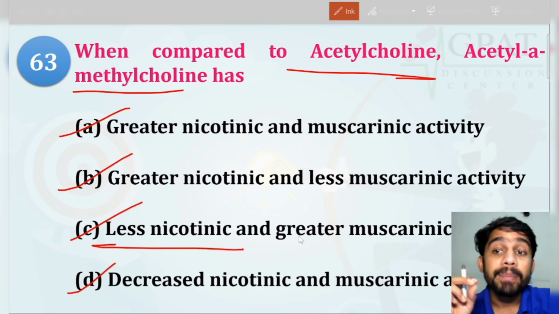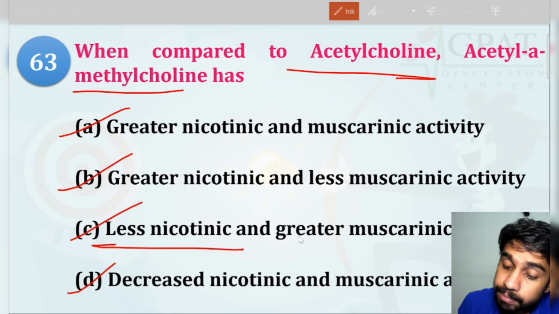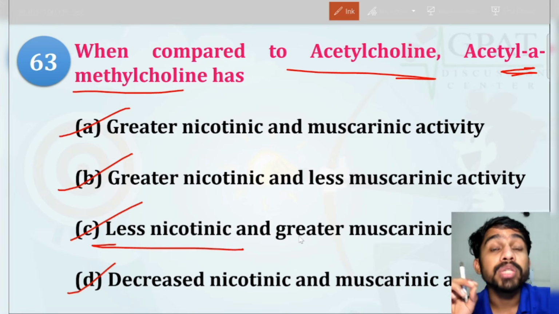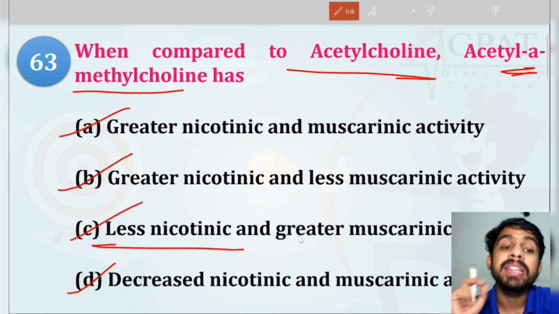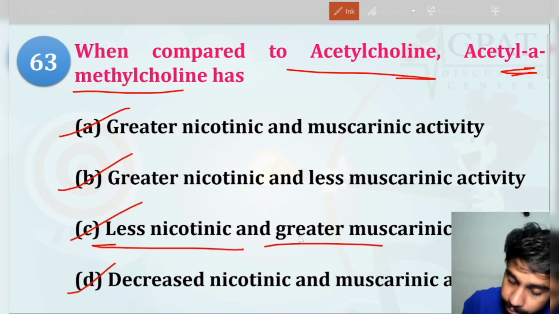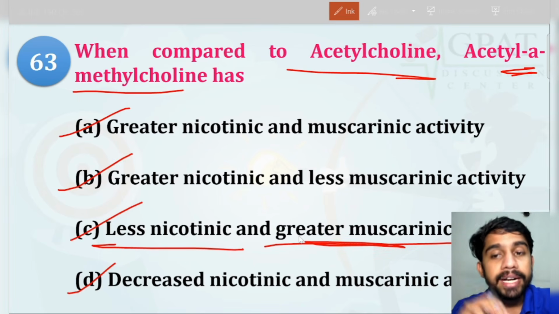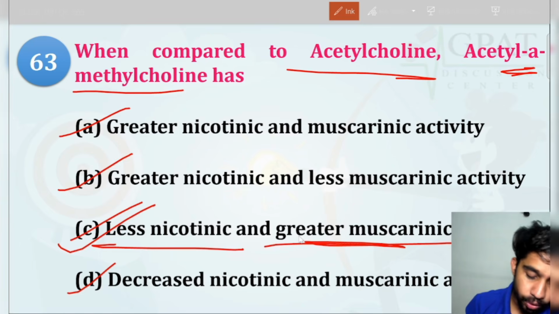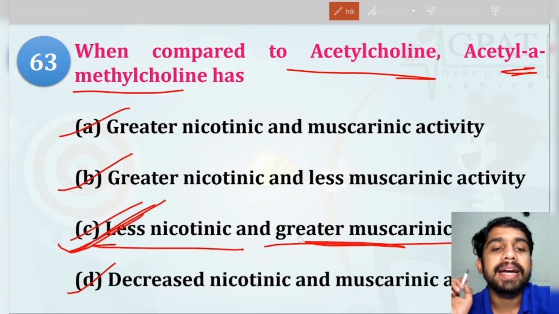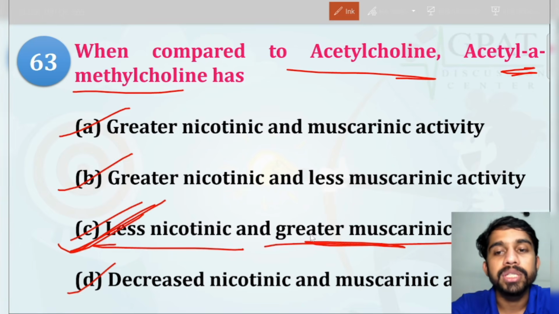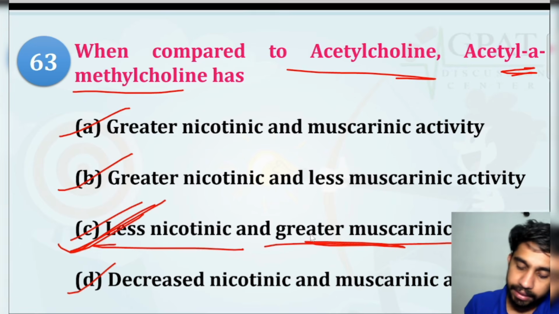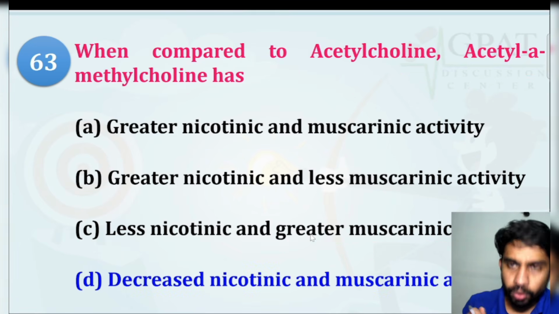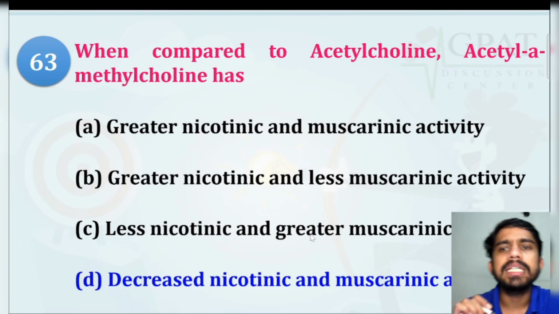And again, muscarinic receptors are more tolerant of this methyl substitution. That's why it will result in greater muscarinic activity. So it results in less nicotinic and greater muscarinic activity. So the correct answer is option C, not option D.